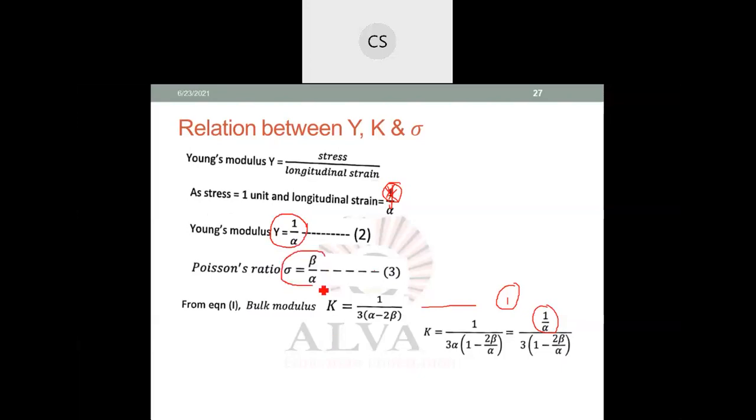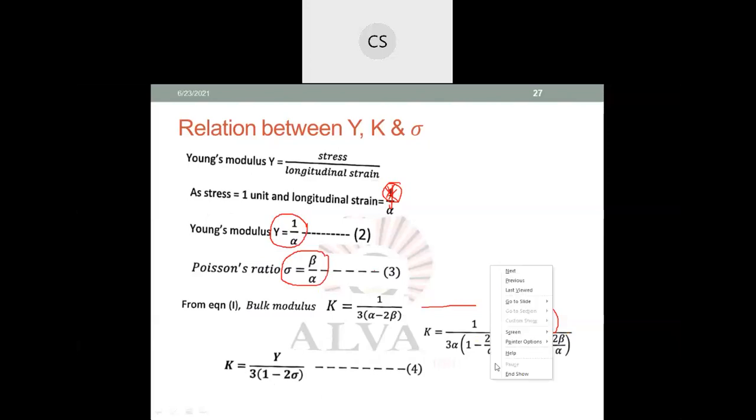Beta by alpha is sigma. So therefore you will get k is equal to Y divided by 3 into 1 minus 2 sigma. So this is a relationship between Young's modulus, bulk modulus and Poisson's ratio.